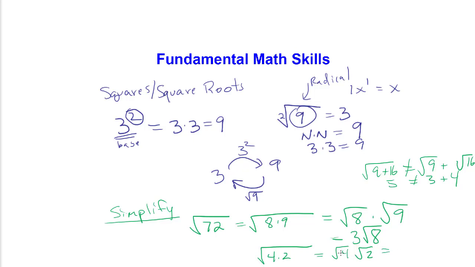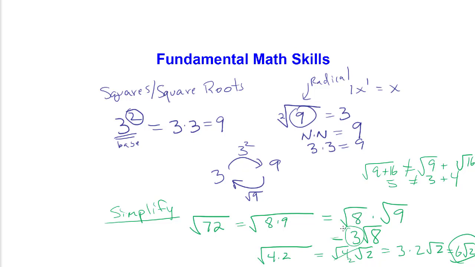So this becomes 3 times the square root of 8, which is 3 times 2 times root 2. The answer is simply 6 root 2. Oh, I see that answer. I didn't see the square root of 72, but 6 root 2 is among the answer choices. That's my answer. And that is how we simplify radicals and how we break apart radicals in multiplication and division, not addition and subtraction.